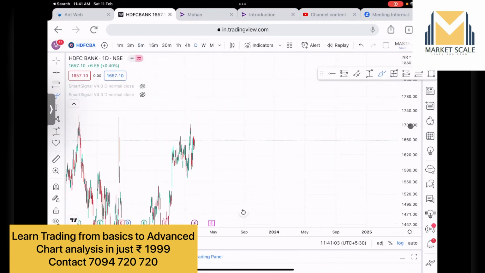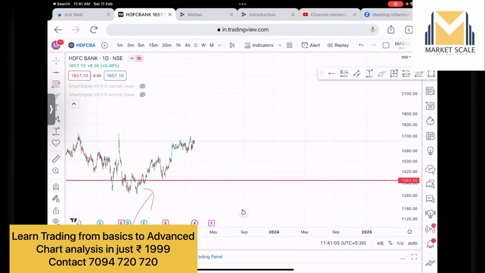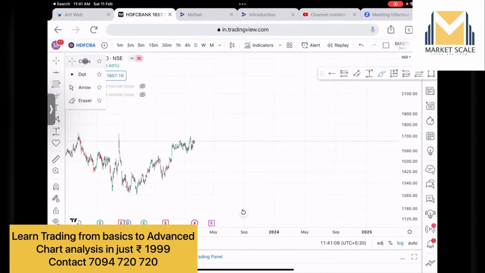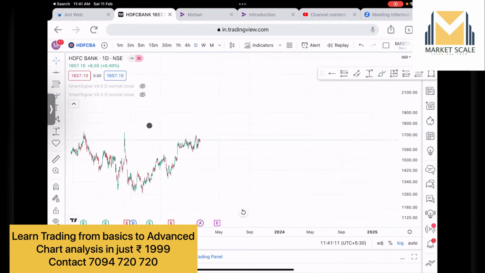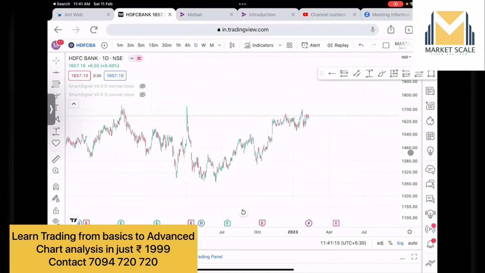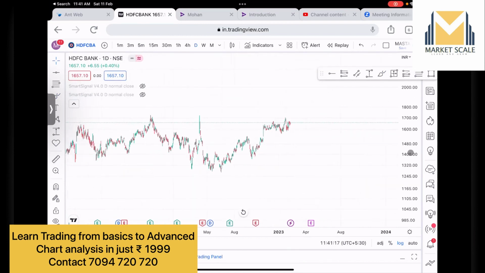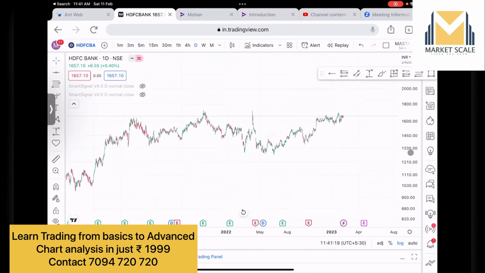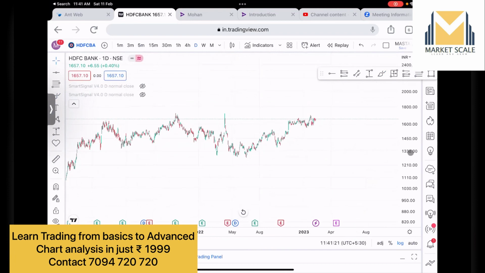So first of all, what we have to identify is, we have to identify the levels first. First of all, you should know how to mark the support and resistance, right? That's the main thing, right?